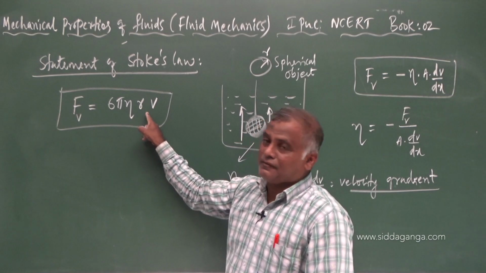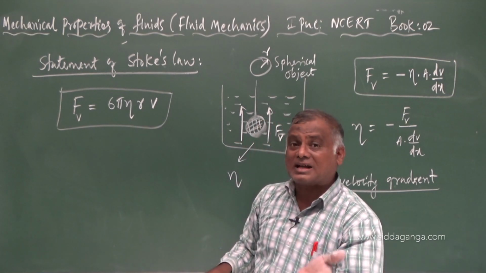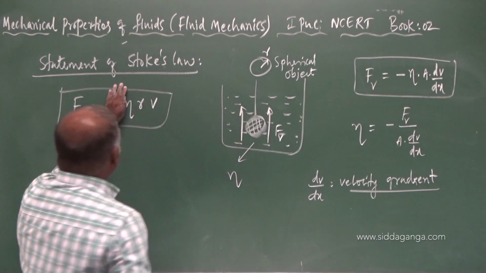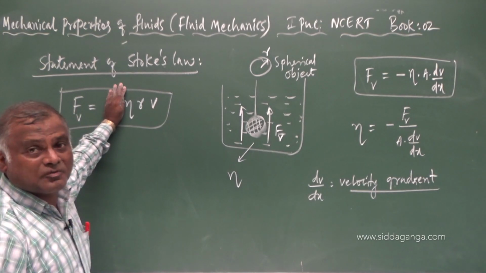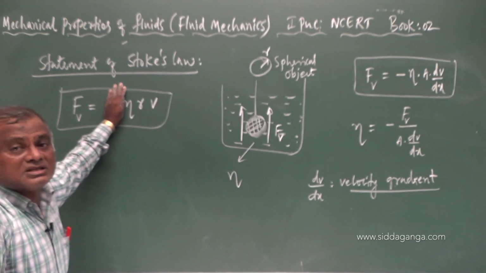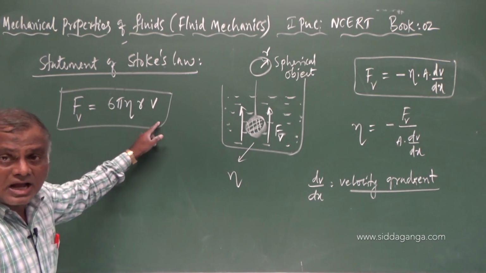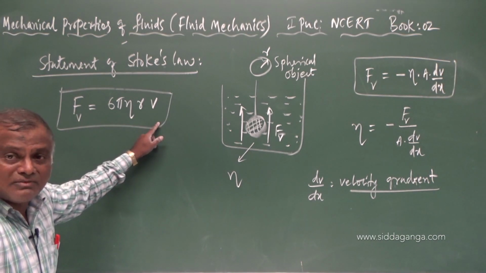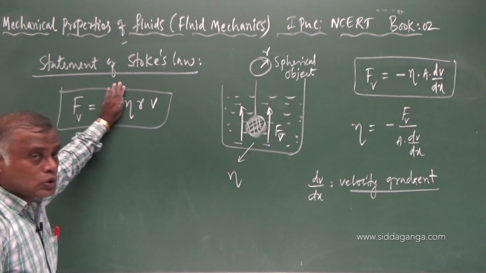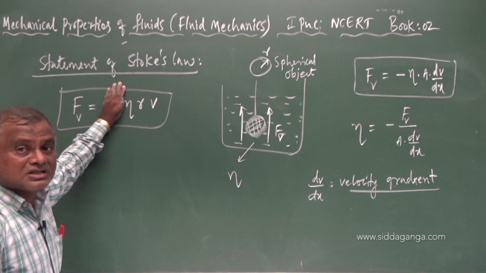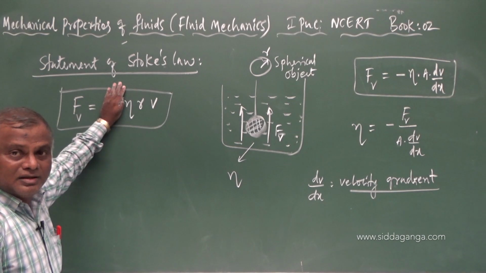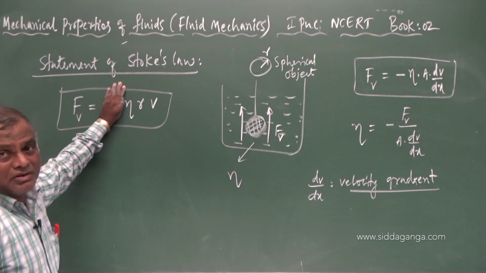Now this formula can be derived by using dimensional analysis, taking 6 pi as a constant, and this constant cannot be derived.